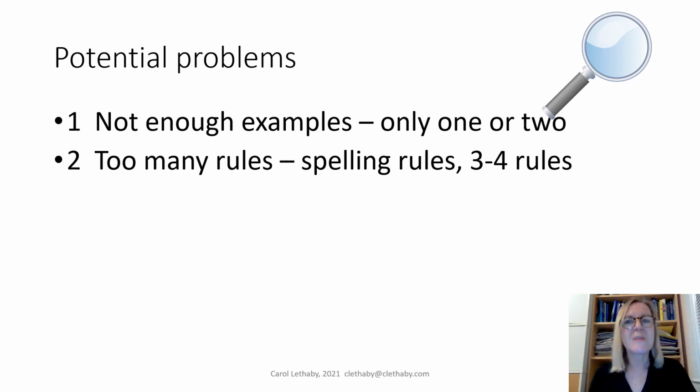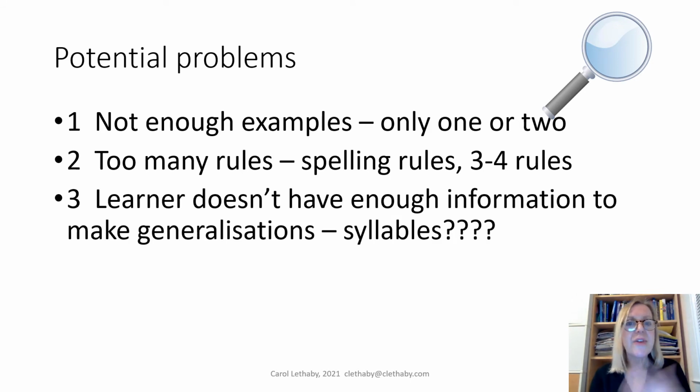There are quite a few spelling rules as well, and there are actually 3 to 4 rules with the formation of comparative adjectives, aren't there? Thirdly, the learner just doesn't have enough information to make these generalizations. They need to know how many syllables. Well, they need to know what is a syllable. All these kinds of things that require information.